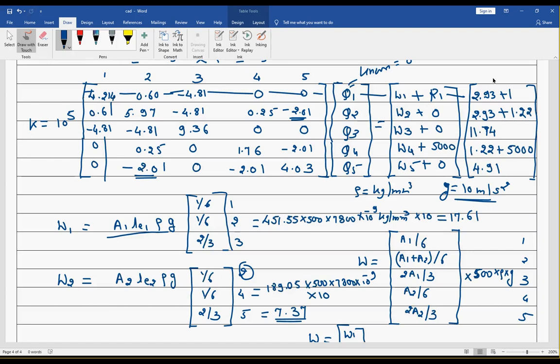Just let me know whether this is correct or not. And this will be R1, not plus 1. This will be R1. So just verify this and reply whether this is correct or not.